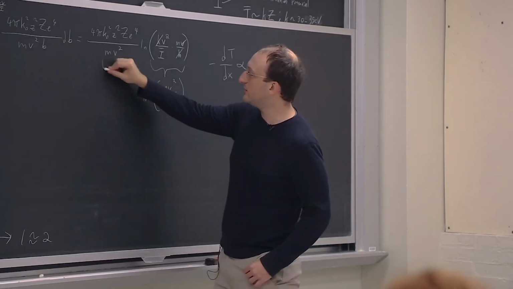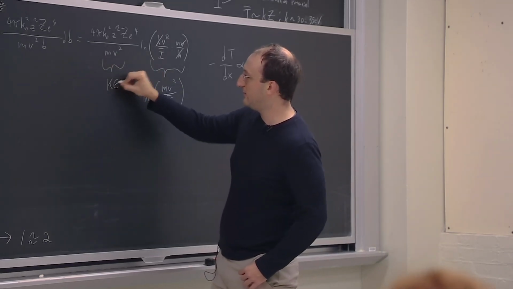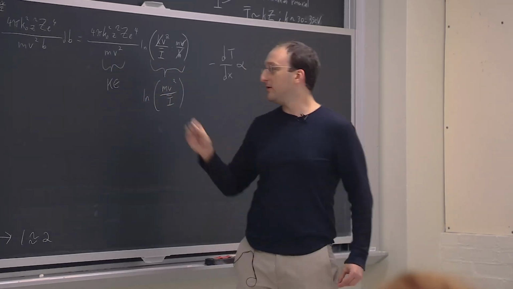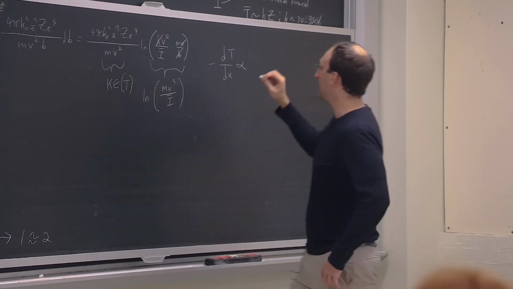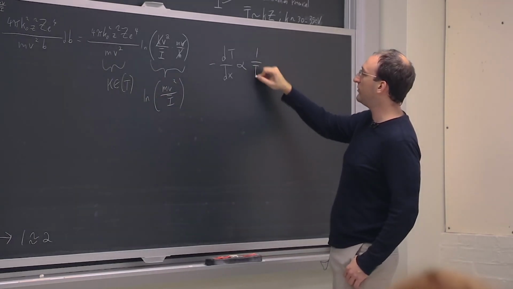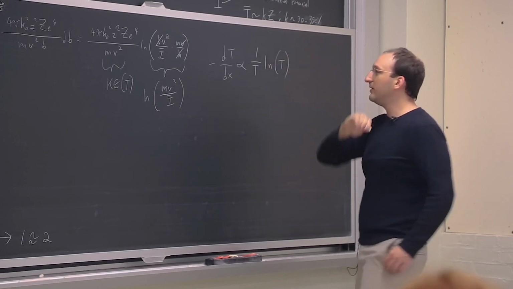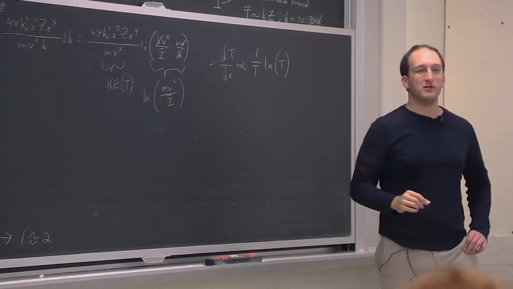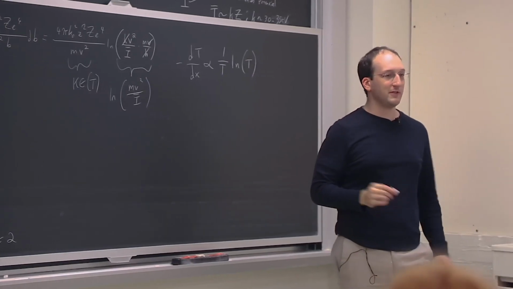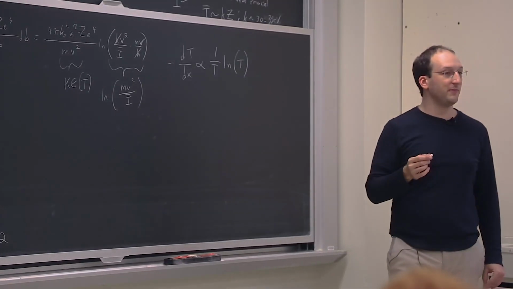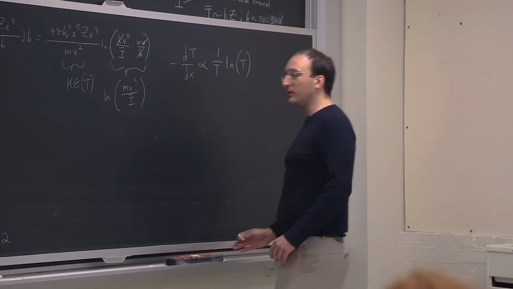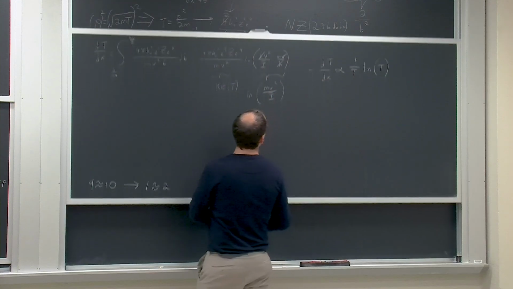But this looks like a kinetic energy term, doesn't it? So it's proportional to the function 1 over T times the natural log of T. When you get rid of all the constants and just express it in terms of the variables, it looks a whole lot simpler. Let's see what this would look like if we started to graph it out.